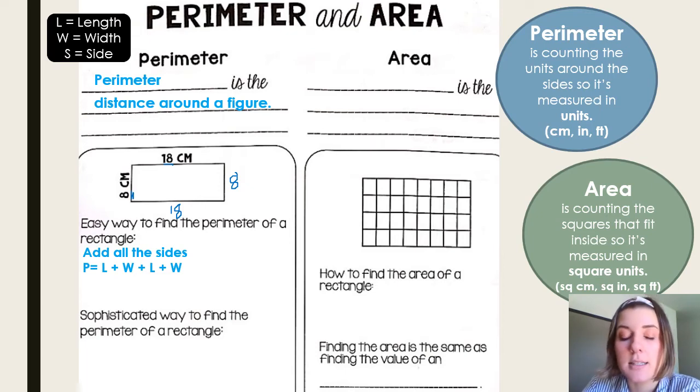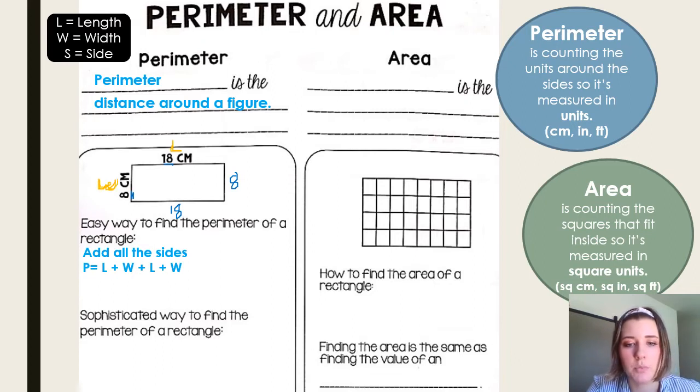All right. To find the perimeter, we're going to add up all the sides. And we frequently will use L and W to stand for length and width. If you're looking at our picture here, the top and the bottom is going to be our length and the side's going to be our width. So we've got two lengths and two widths.